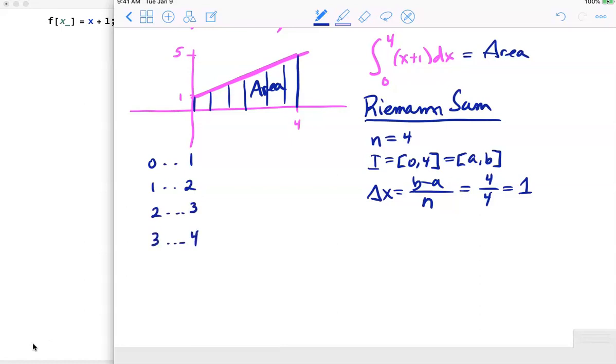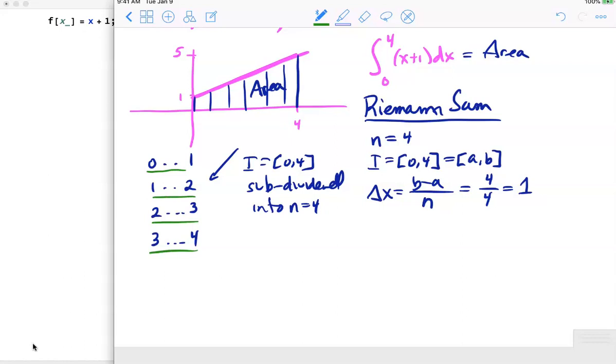So here is our interval I going from 0 to 4 subdivided into n equals 4 pieces. The next thing you needed to do was to decide on which point in each of these subintervals you were going to evaluate the function at. And typically, there are typical choices here.